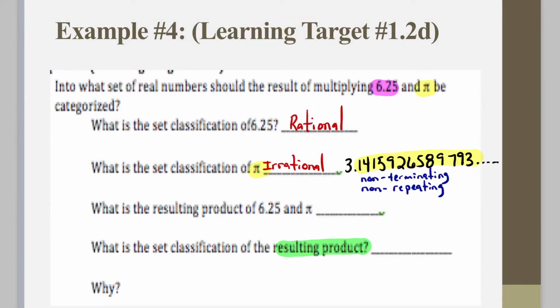As a quick reminder, product implies multiplying or multiplication. And so when 6.25 and pi are multiplied, the resulting product is 19.63493621 and continues forever.